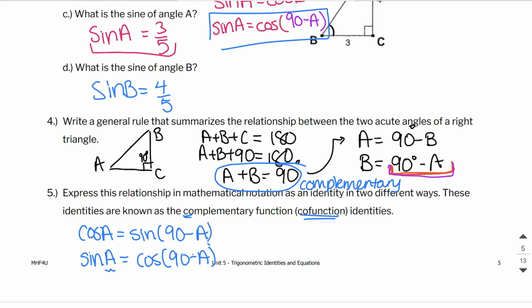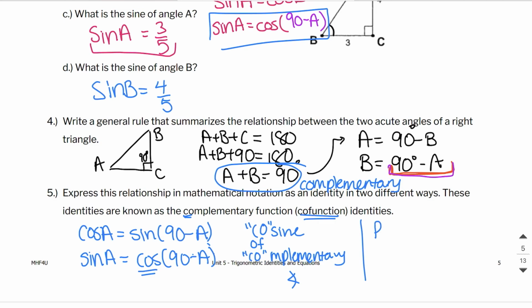Sine of A is equal to the cosine of 90 minus A. So sine of A is equal to the cosine of the complementary angle. That's what we're saying right here, okay?